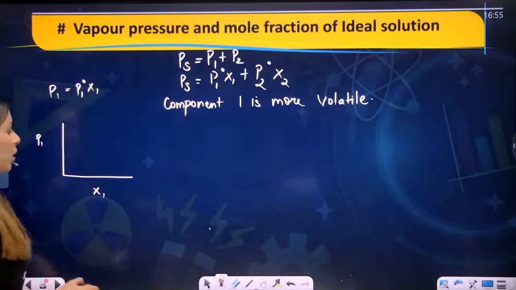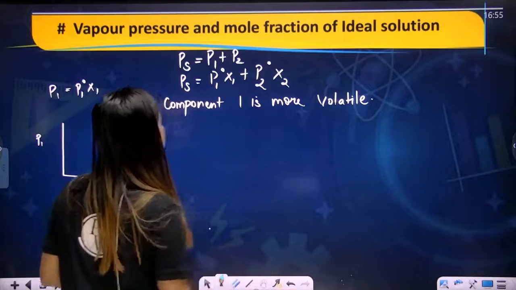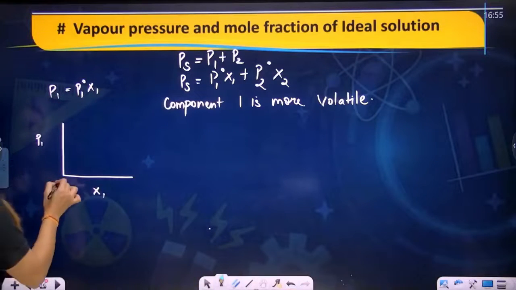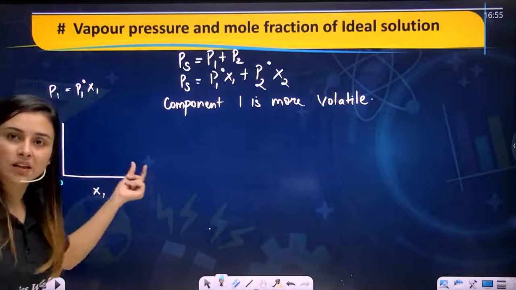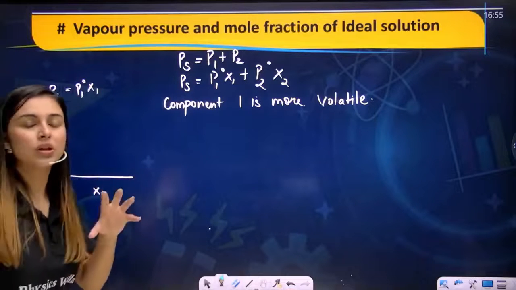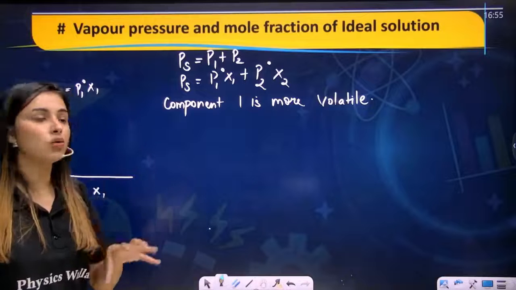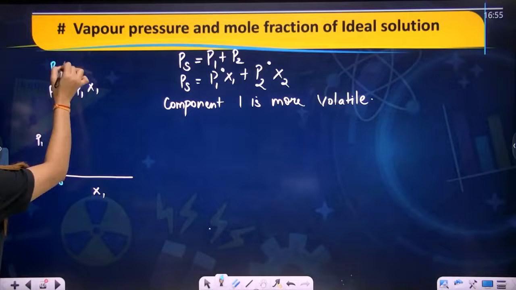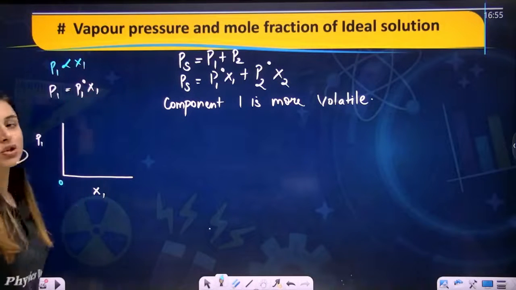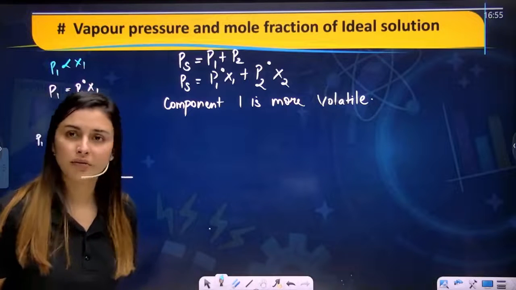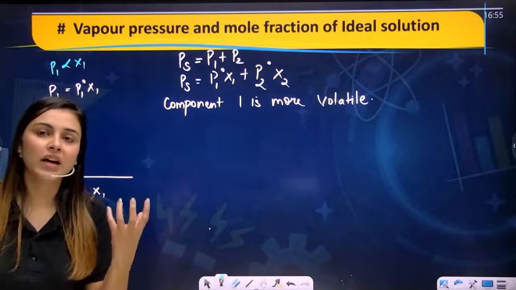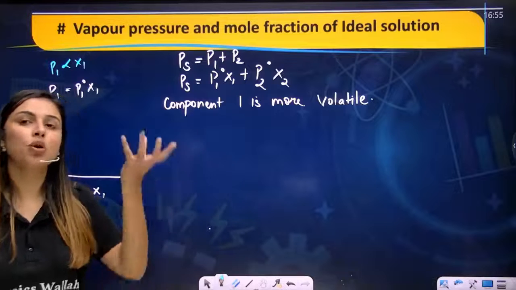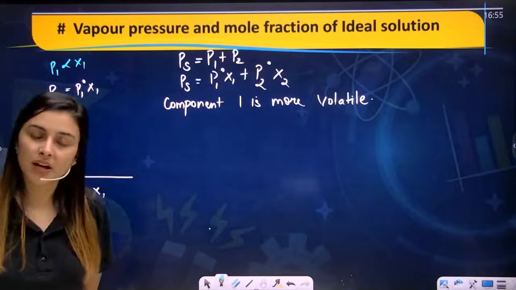Now you can say that with the increase in the mole fraction, from Raoult's law you know that P1 is directly proportional to the mole fraction of that component in the liquid phase. The more the mole fraction of that component in the solution, the more will be its vapor pressure, right? Yes.